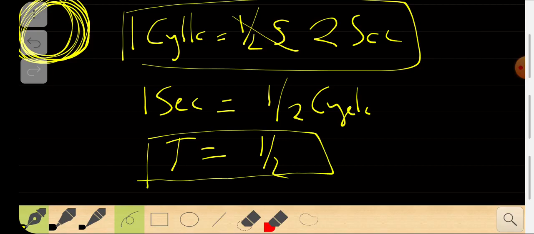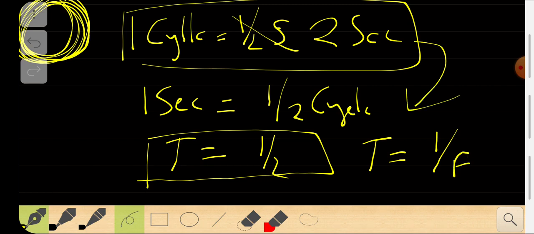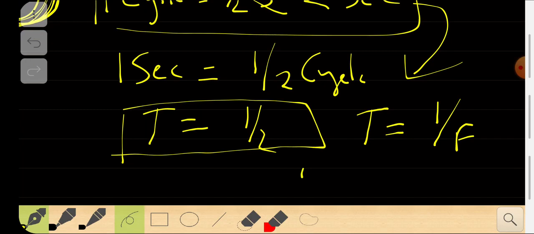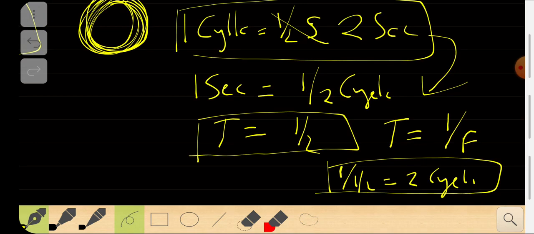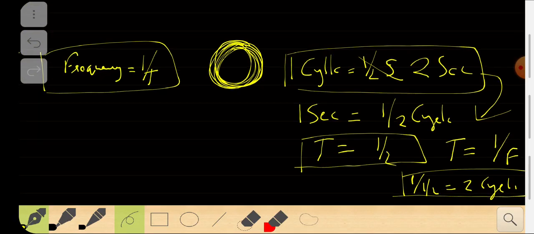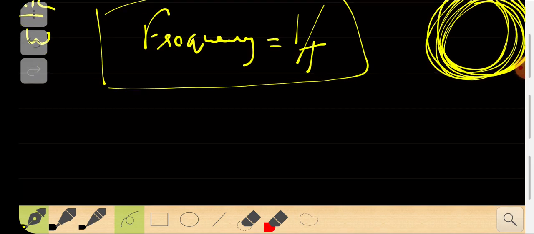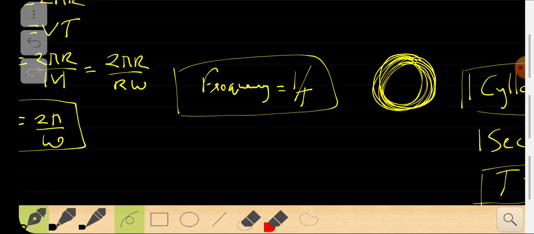You can always find out the number of cycles by dividing the total seconds, or the fraction of cycle you have completed. So there is a generic equation for frequency, which is 1 by t. Now you can use that to your advantage.